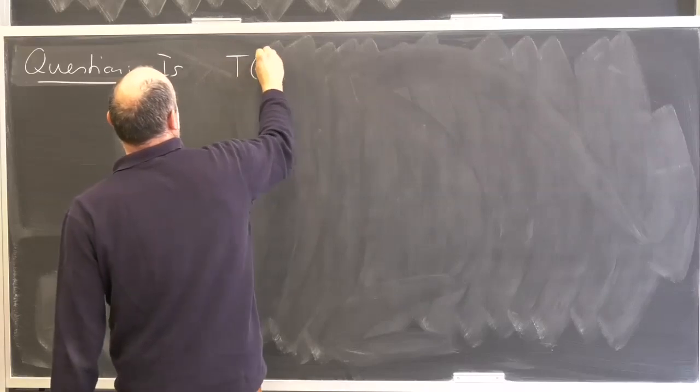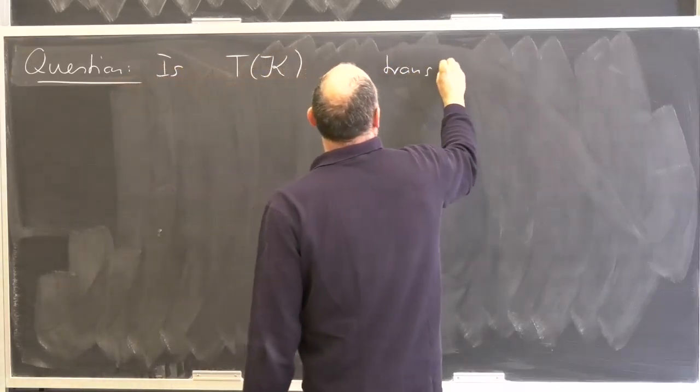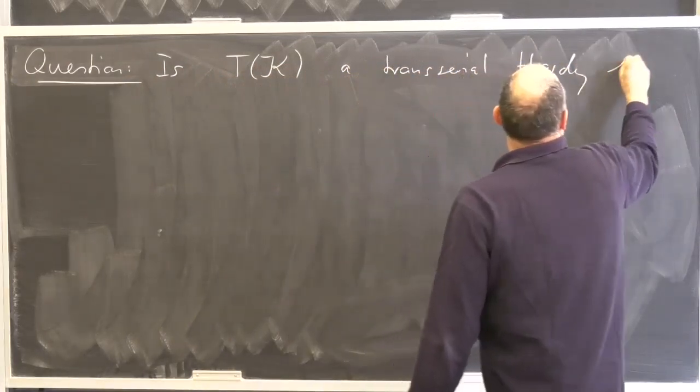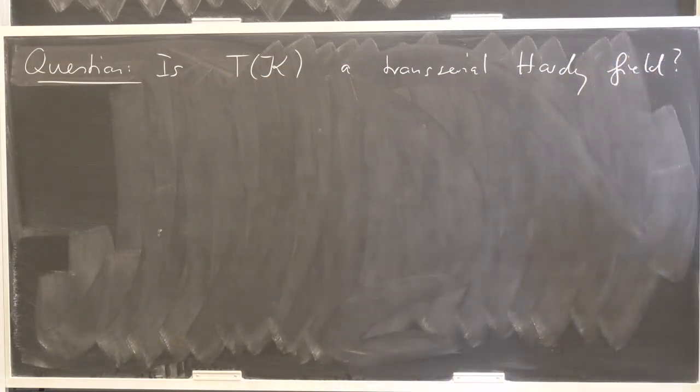Is T of K a transserial Hardy field? Most of the definition of a transserial Hardy field sounds exactly like it's the image of a QAA field that's closed under differentiation. But there are a couple of extra conditions on it, which have something to do with logarithms, I think.